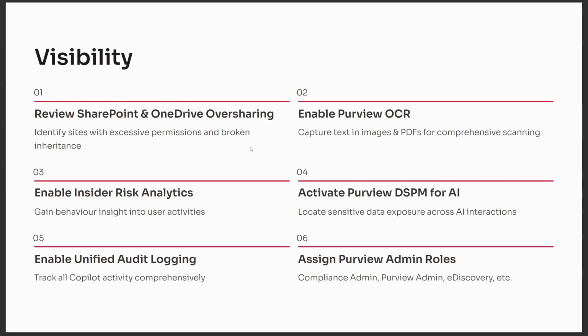Just to give a brief note on that, with the way Microsoft works, even if you are the global administrator within your tenant, for you to be able to do some tasks within Purview, you also need some specific permissions. So you need to ensure that you have the right permissions.